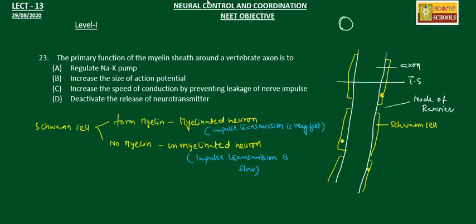This will be the axon, and covering this you will find the Schwann cell, wrapped all around, and here is the nucleus of the Schwann cell. So this is the axon and this is the Schwann cell.